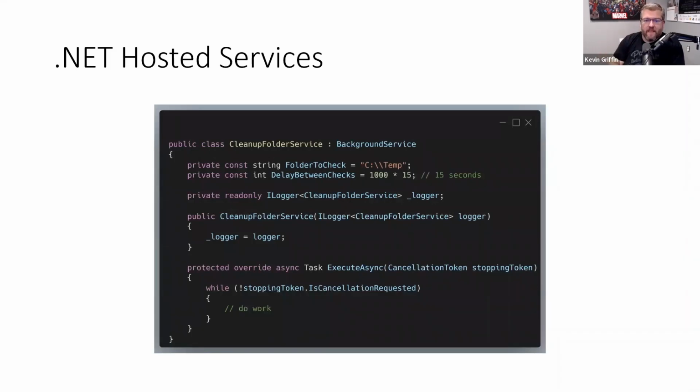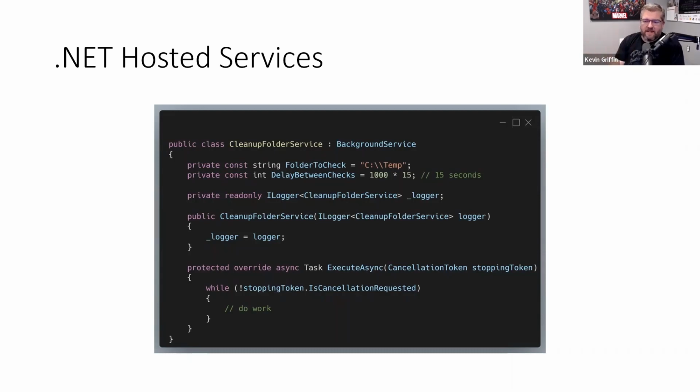And when that method returns, it's going to stop the hosted service. So in our example, we're just going to use a while loop, and we're just going to keep doing work and delaying as long as the application's alive.